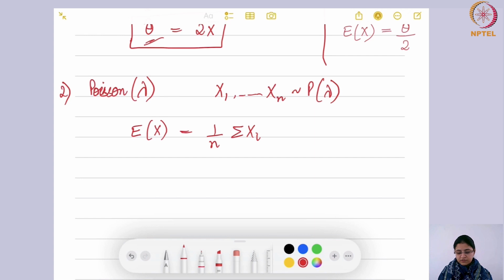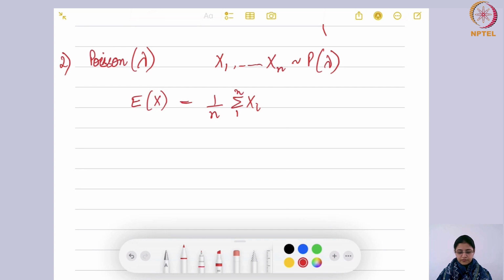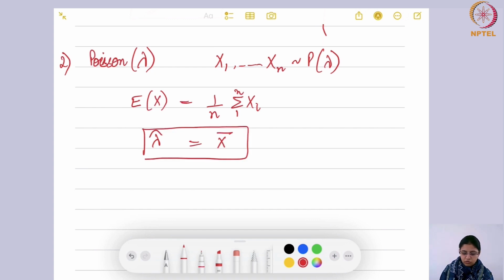And we know that for the Poisson distribution, when x follows Poisson with parameter lambda, the expectation of x is nothing but lambda. So lambda is x bar, or you can say that lambda hat, the moment estimator, is the sample mean itself.